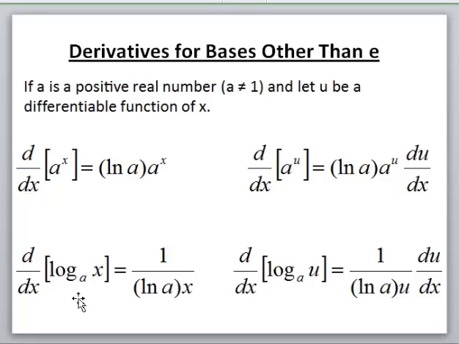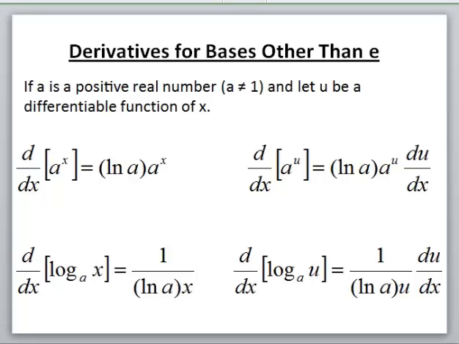The derivative of log base a of x is 1 over ln of a times x, and the derivative of log base a of u is 1 over ln of a times u, with the derivative of that u. We'll refer back to those as we do derivatives.